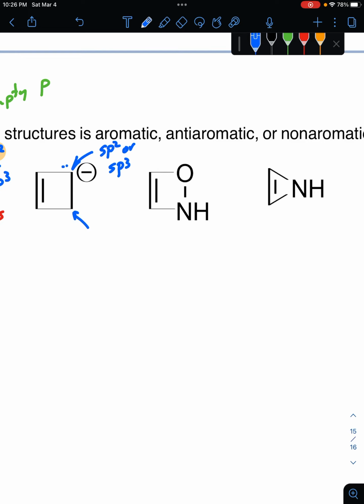To answer that question, we want to take a look at this carbon, because that happens to be absolutely sp3 hybridized, because that carbon has two hydrogens on it. In other words, there's no p orbital on that carbon, right? So this is not conjugated, which makes this non-aromatic. It doesn't even pass the first two tests of Huckel's rules.